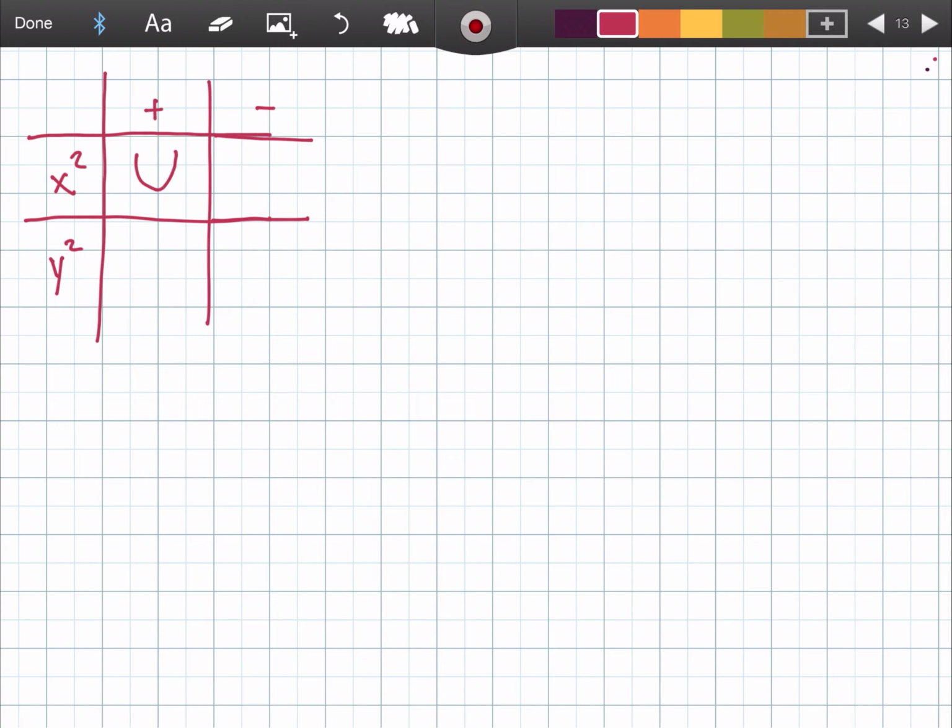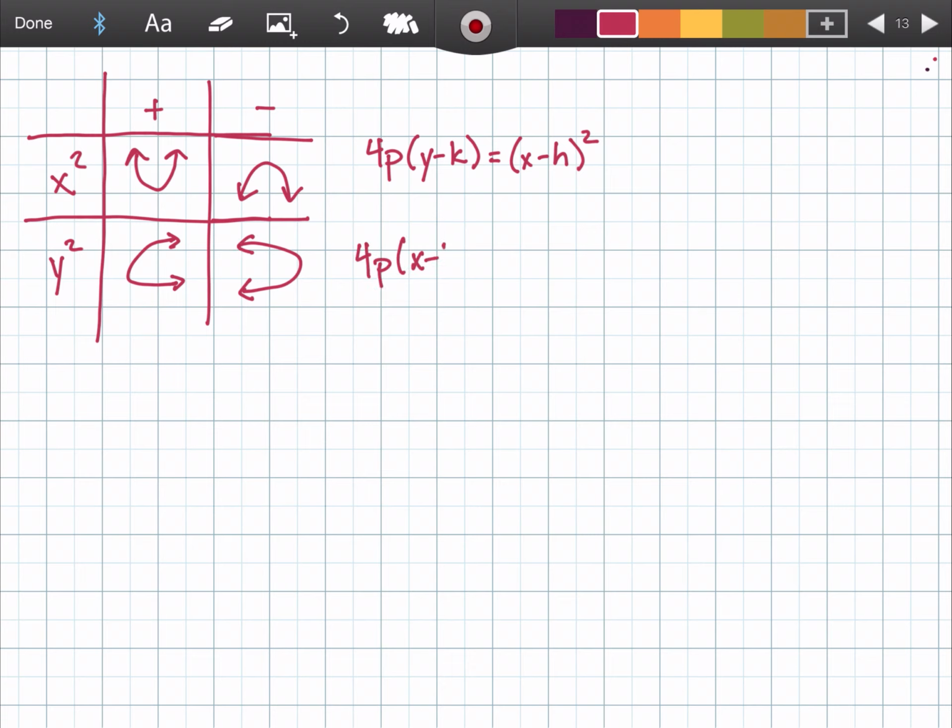Vertical is with x squared, that's up and down, and the equation format for that is 4p times y minus k equals x minus h squared. For y squared, we got positive, we got negative, and we got 4p times x minus h equals y minus k squared. So that's from last time.